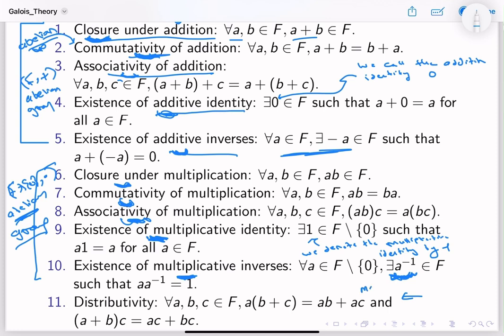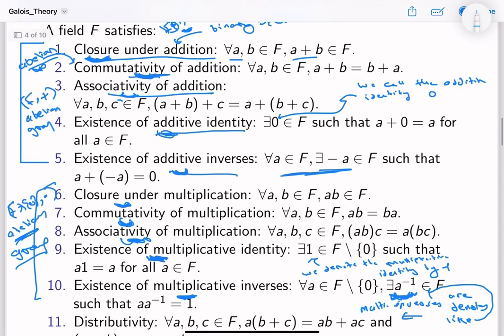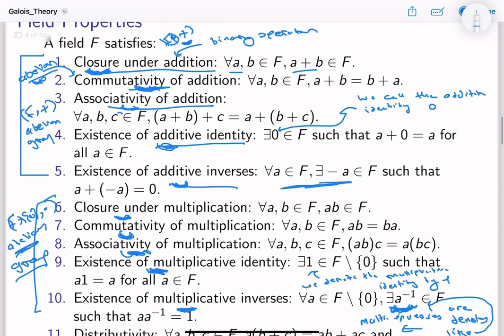So multiplicative inverses are denoted like this. And additive inverses are denoted as such.